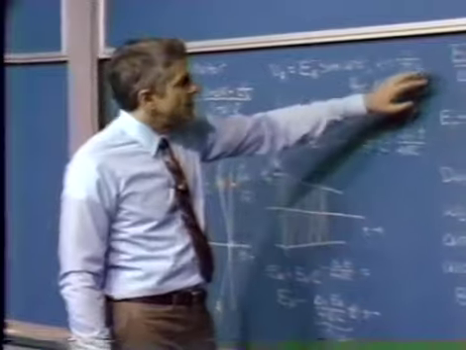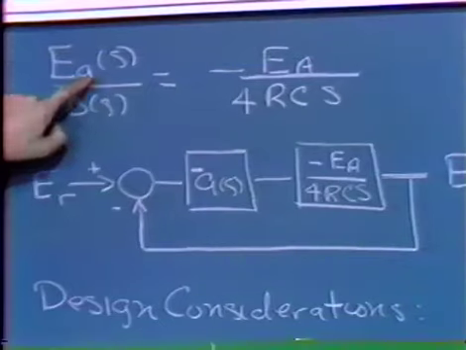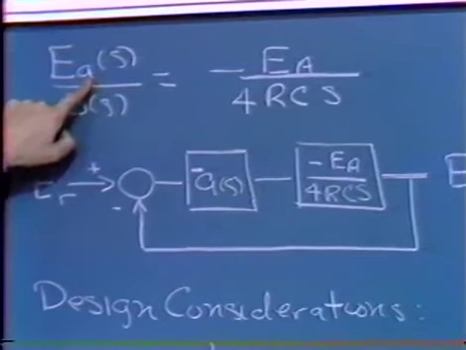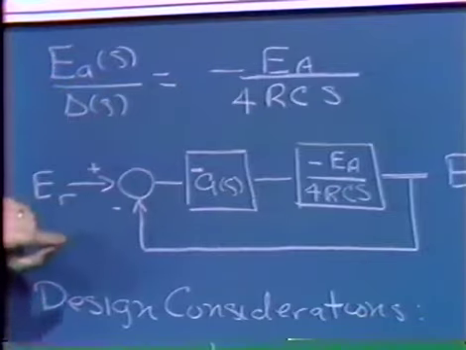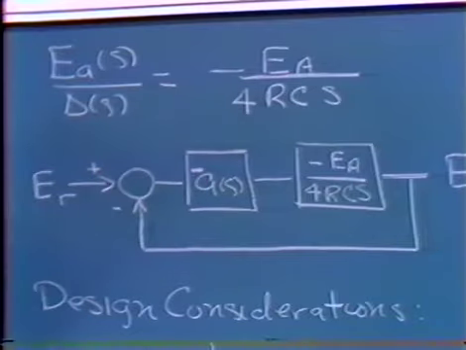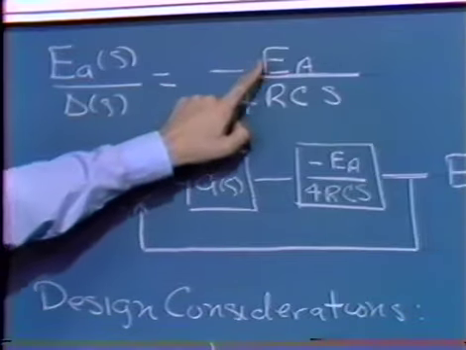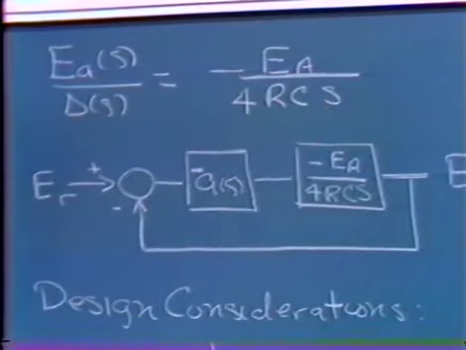Consequently, the fourth permutation in our hierarchy of variable and subscript, E sub a of s, the transfer function that relates the transform of the incremental component of the envelope to delta, is simply the scale factor that we got from the earlier equation, minus E sub cap a over 4RC, now times 1 over s, reflecting the integration associated with our linearized analysis, the fact that a step gives us a ramp change in envelope.